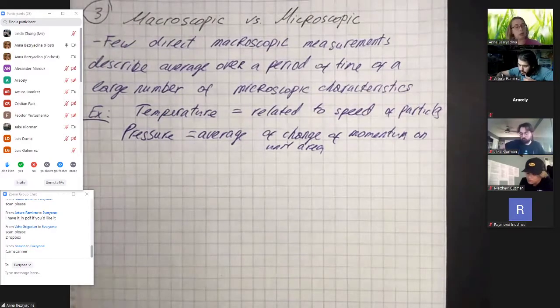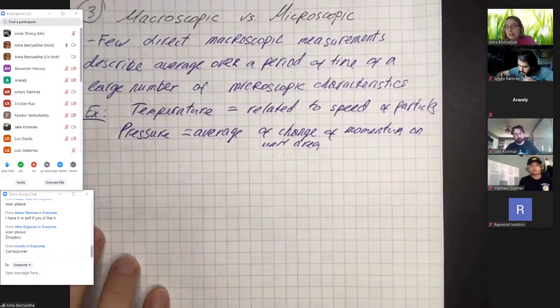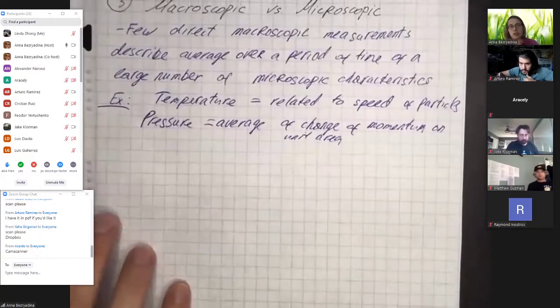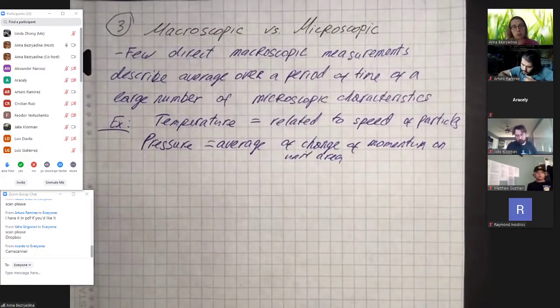Okay, so now we're done with these ideas. They're big ideas, just to make you think about microscopic and macroscopic, because we will connect one with the other, and you'll see how they correlate, like how we can describe objects from one point of view to another.